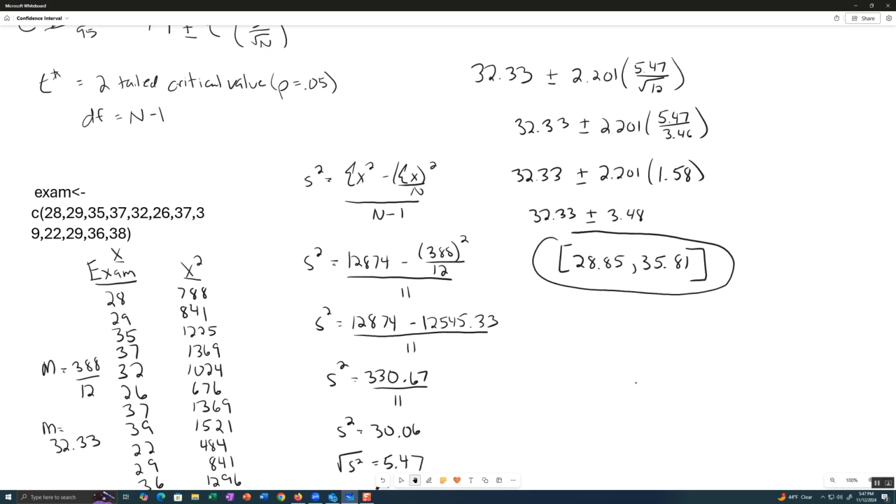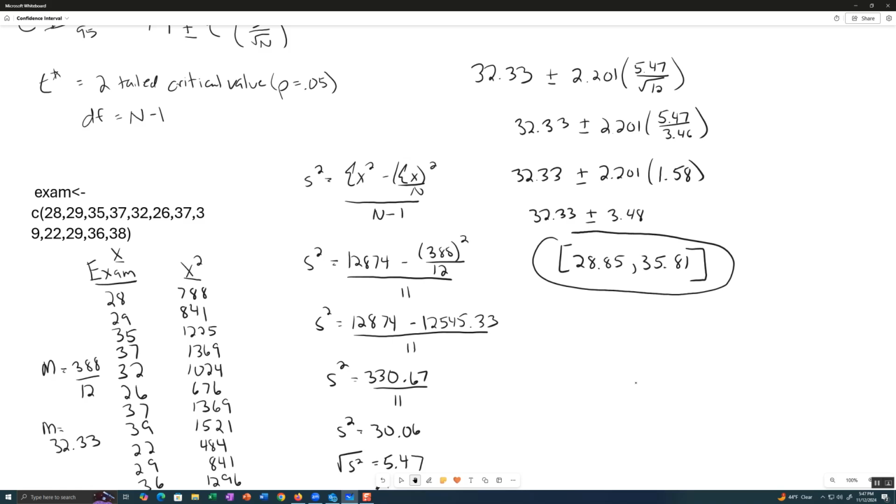And it's kind of the reverse of doing the t-test itself, where we compare the sample to a value to see if the value is different or not. Well, we can compare this interval to a value too. If the null hypothesis is represented by a mean of 30, well, 30 is in this interval.